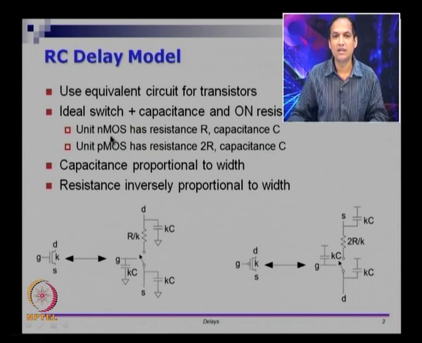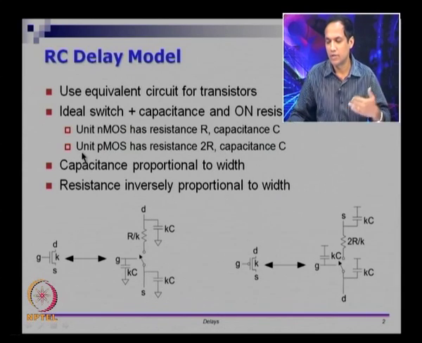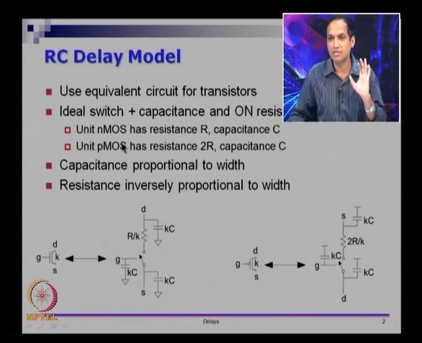So we will assume that a unit NMOS has a resistance R and a capacitance C. Typically in older technologies, a unit PMOS device, which has the same width as the NMOS device, has a resistance that is usually double.